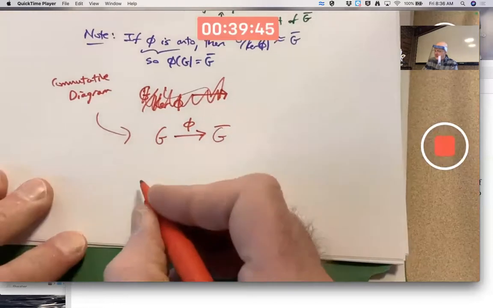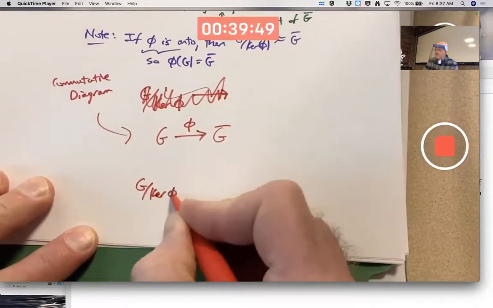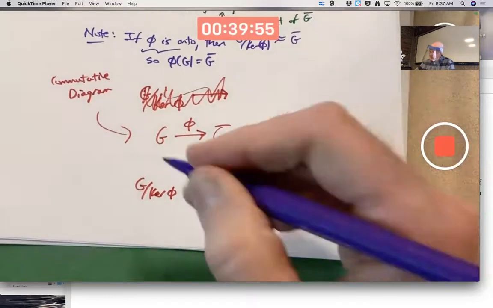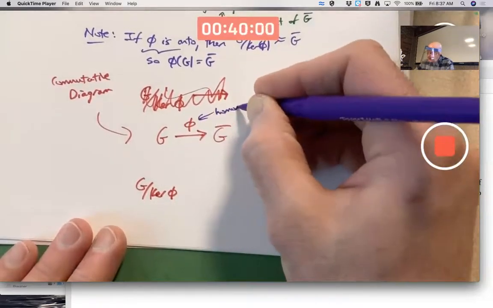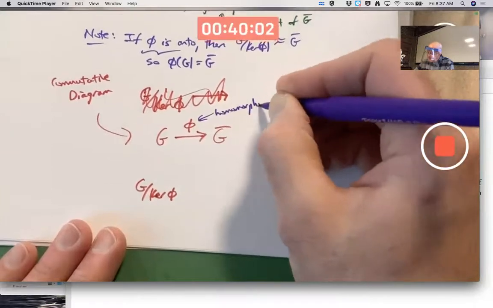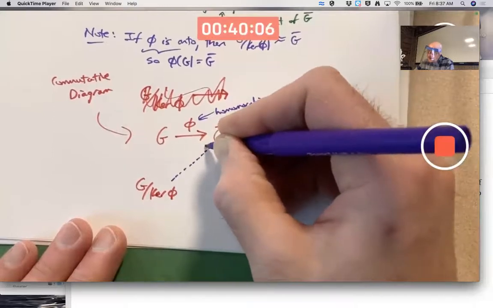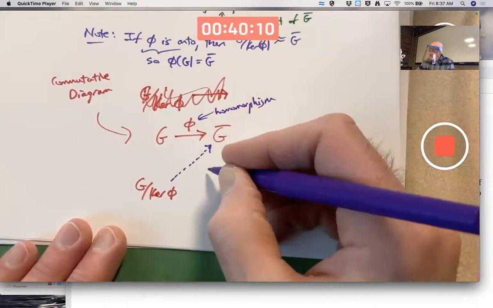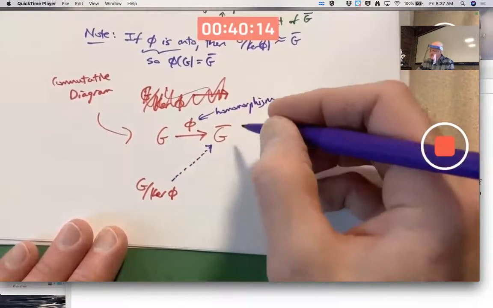Let me put the factor group G mod the kernel of phi down here. I would like to come up with an isomorphism, actually. Phi is a homomorphism. I would like to construct an isomorphism from this thing to this thing.